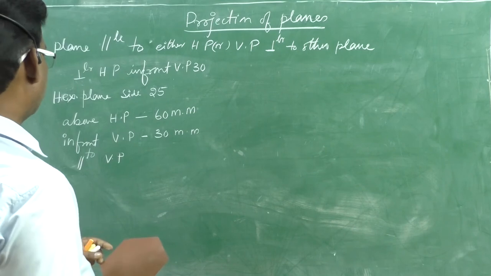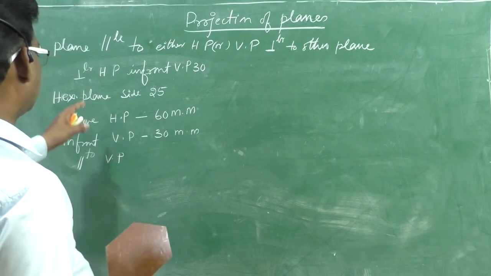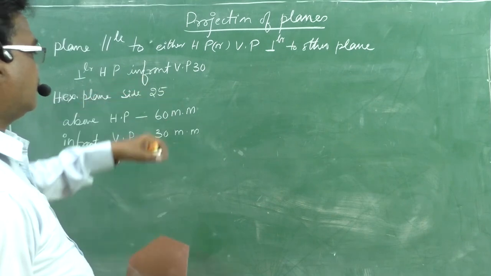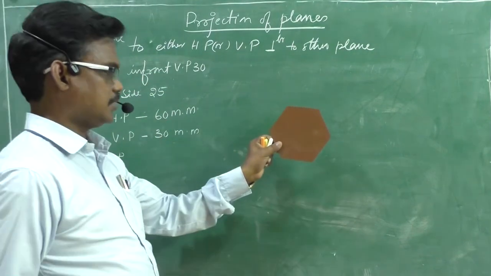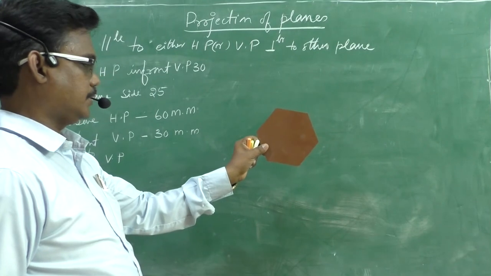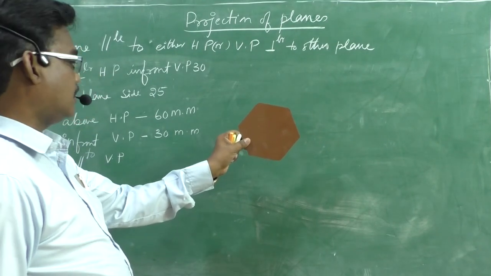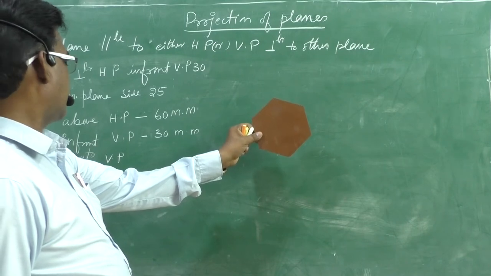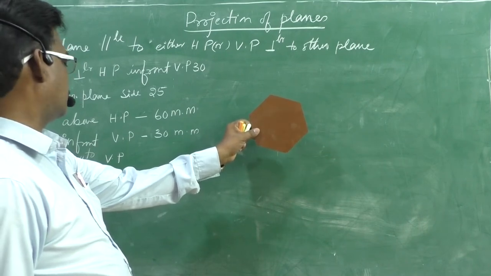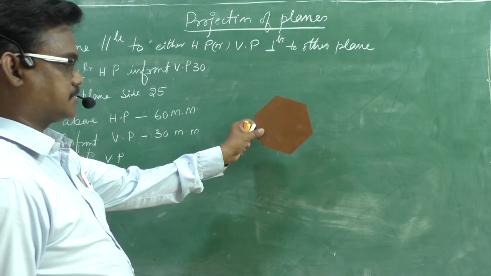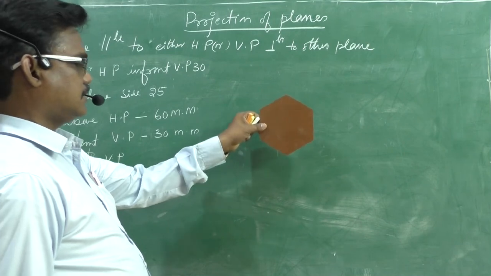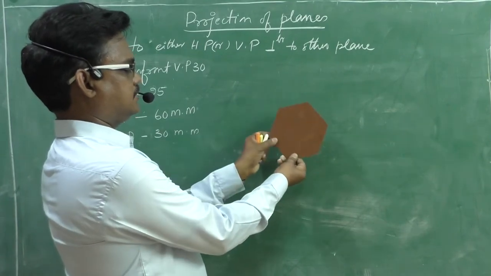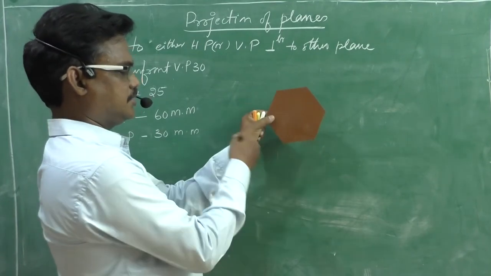This plane is perpendicular to HP and in front of VP, and another thing, parallel to VP also. This is the position. Hexagonal plane side is given, center position also given, right? In this condition, the plane has a number of orientations. Another condition needs to be specified.